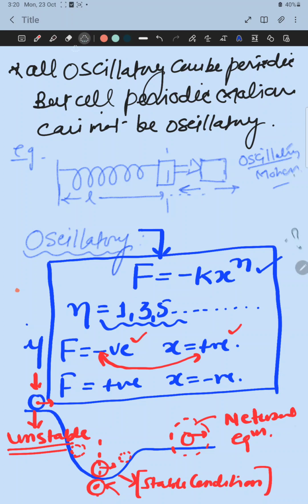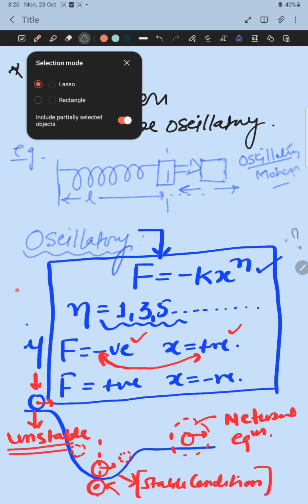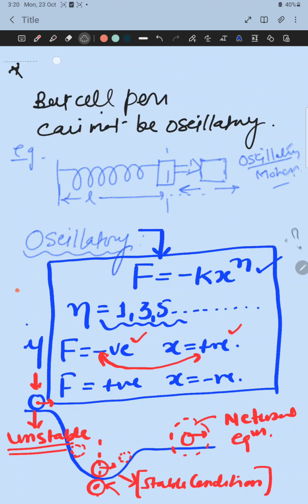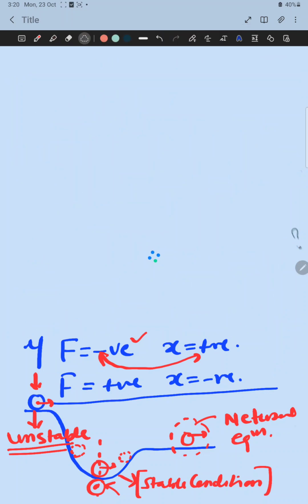Up to now, I thought this table is clear to everyone.